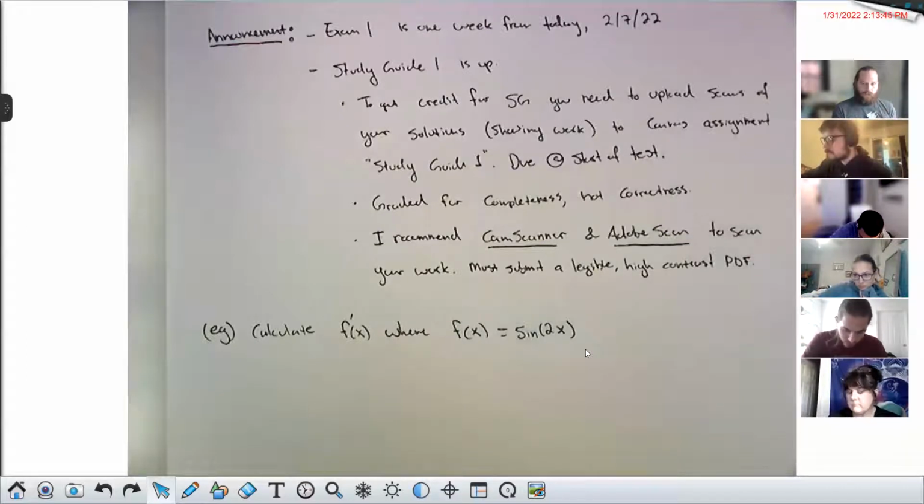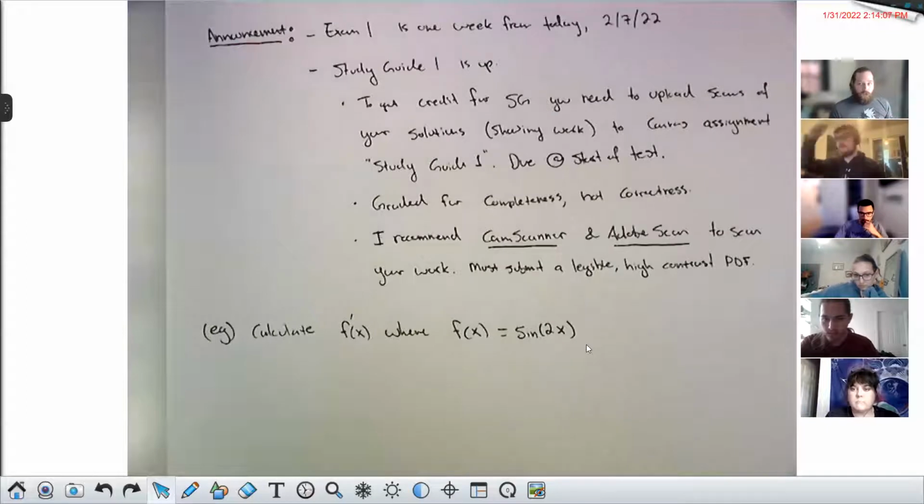The chain rule is a tool for differentiating composite functions, where there's an outer function and then an inner function, where you've plugged something into a function. So instead of sine of x, you have the sine of 2x. Instead of e to the x, you have e to the 5x, that sort of thing.